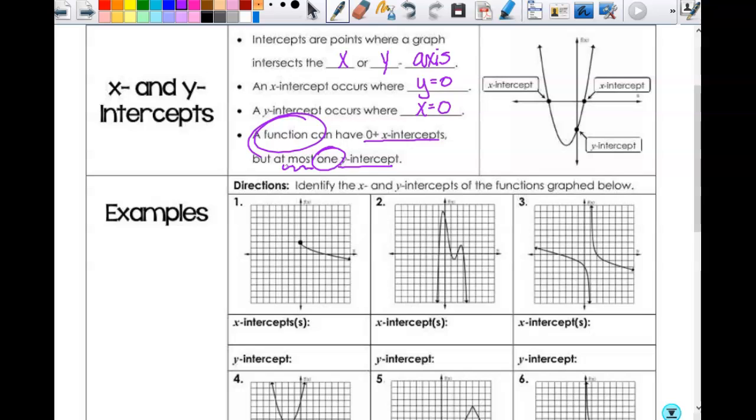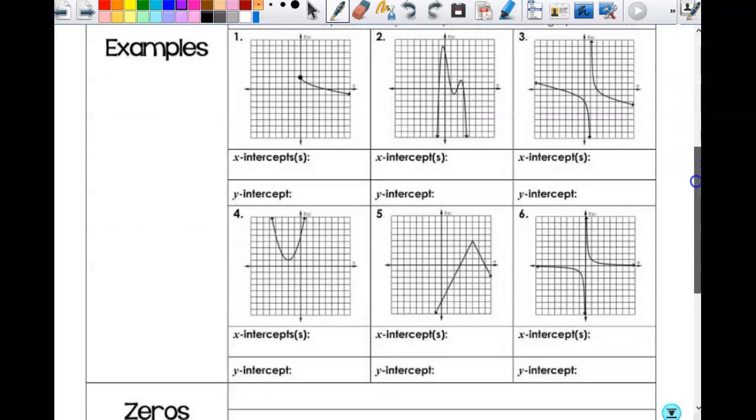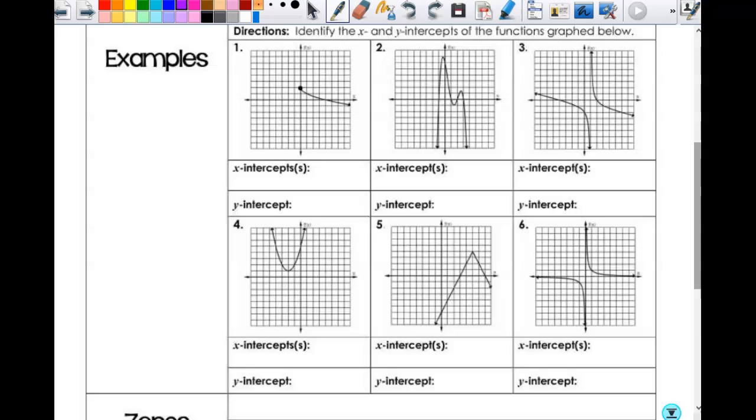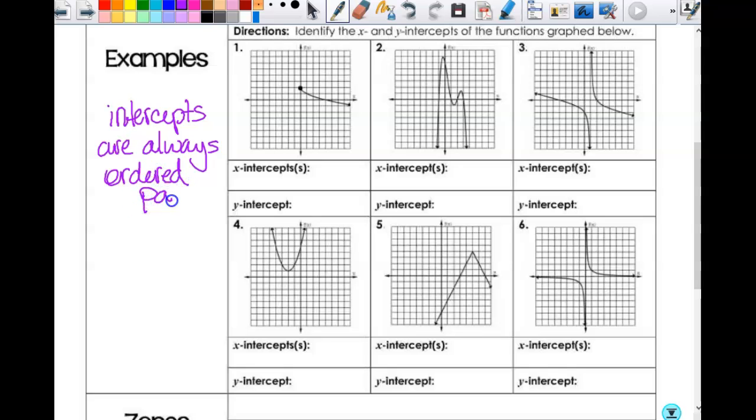So, the x and y intercepts. Now, there's no doubt in my mind that y'all can identify them just fine. But here's the detail part. Answer the question.